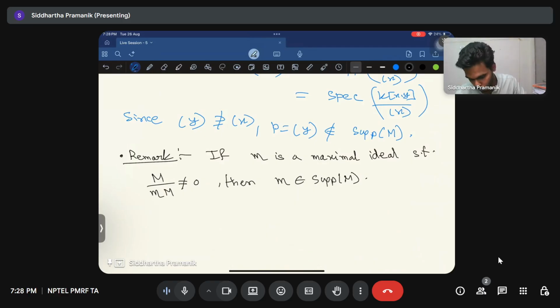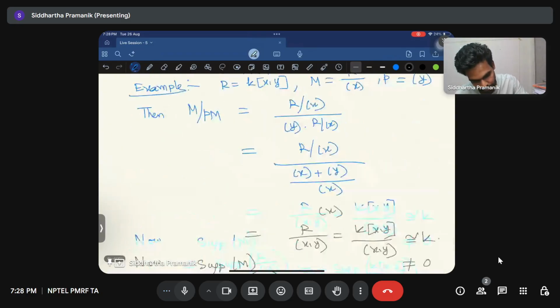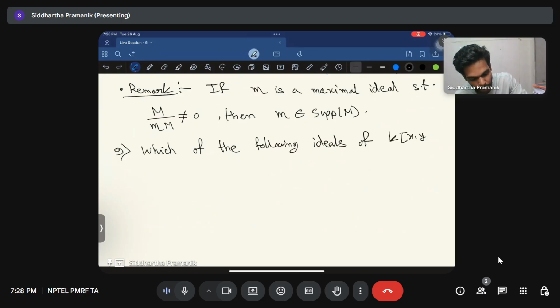Okay, so let's do one more problem. Problem number 9. Which of the following ideals of the polynomial ring k[x, y, z] is primary?